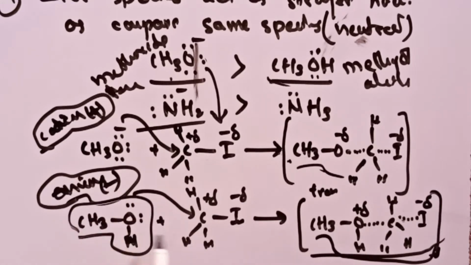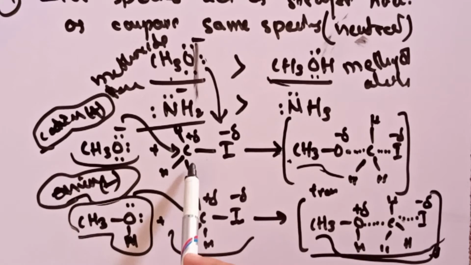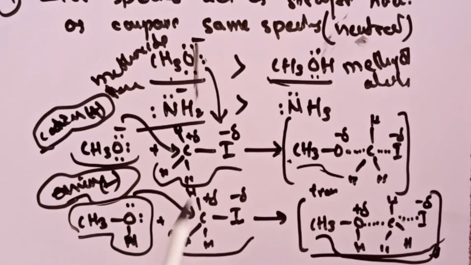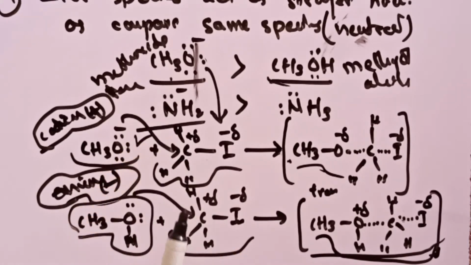Methyl alcohol or methanol will show less reactivity towards methyl iodide in an SN2 reaction, while methoxide ion will show more reactivity towards methyl iodide in an SN2 reaction. That's why we can say that all negative charges act as a stronger nucleophile as compared to the same species that are neutral.